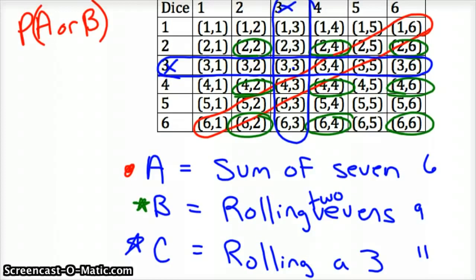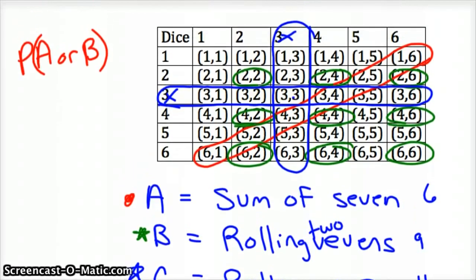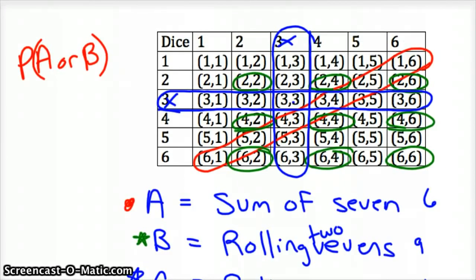So if we want to go back up here to A or B, those are mutually exclusive. A sum of 7, every one of those has an odd number. And so those are mutually exclusive, so we can just add them. So it would be 6 out of 36 for the sum of 7, plus 9 out of 36 for having 2 even numbers.